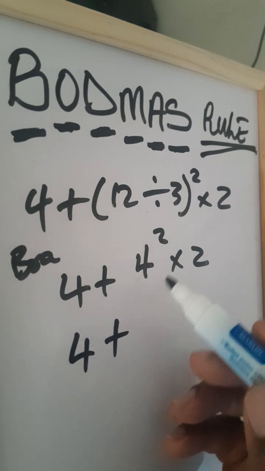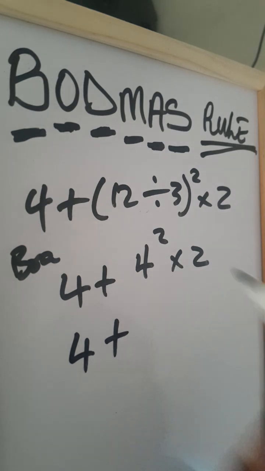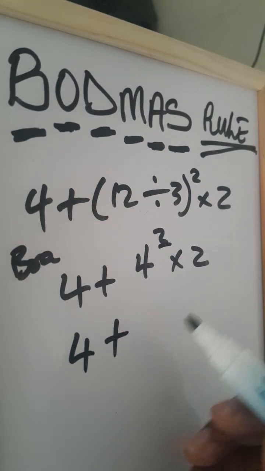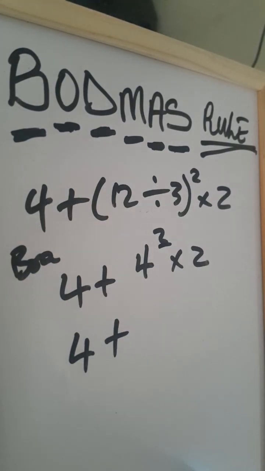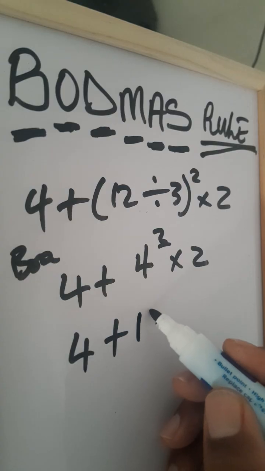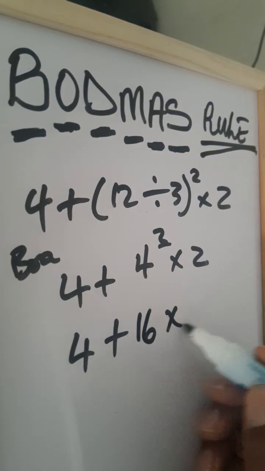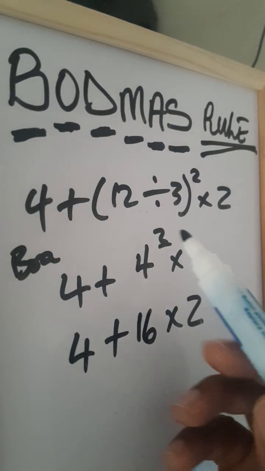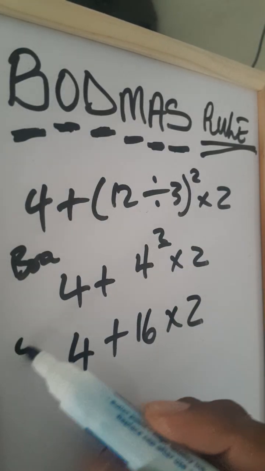This means the base multiplies itself by how many times? 2 times. So it's 4 by 4. 4 times 4 is 16. Then multiplied by 2. Then we have dealt with order.